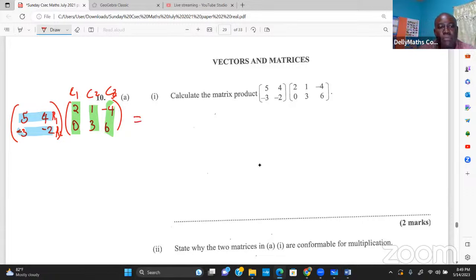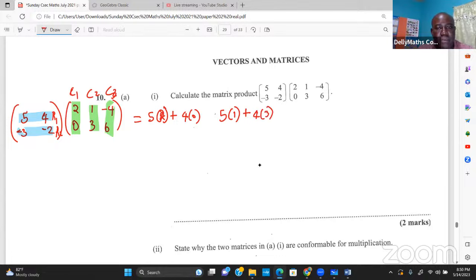I'm going to go row 1 with column 1. So it's going to be 5 times 2 plus 4 times 0. Then it's going to be 5 times 1 plus 4 times 3.